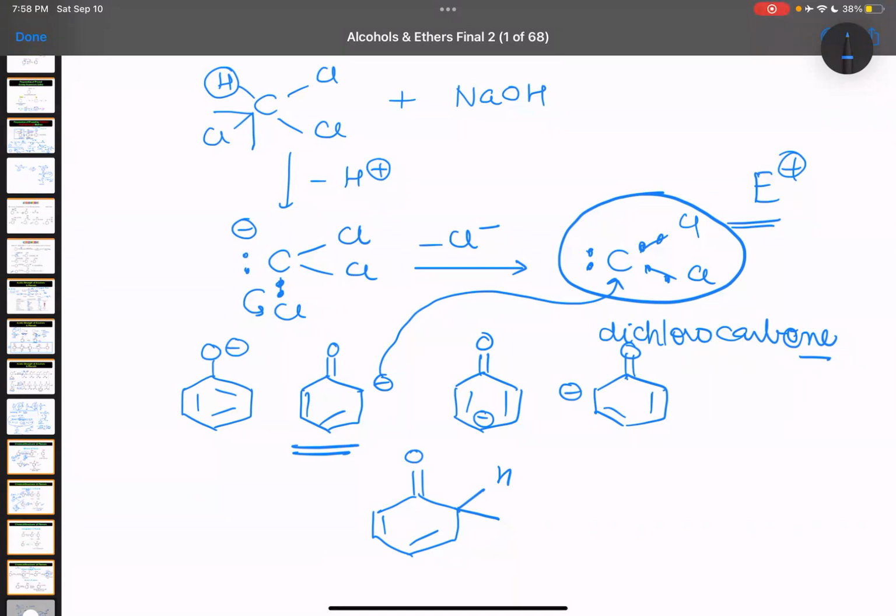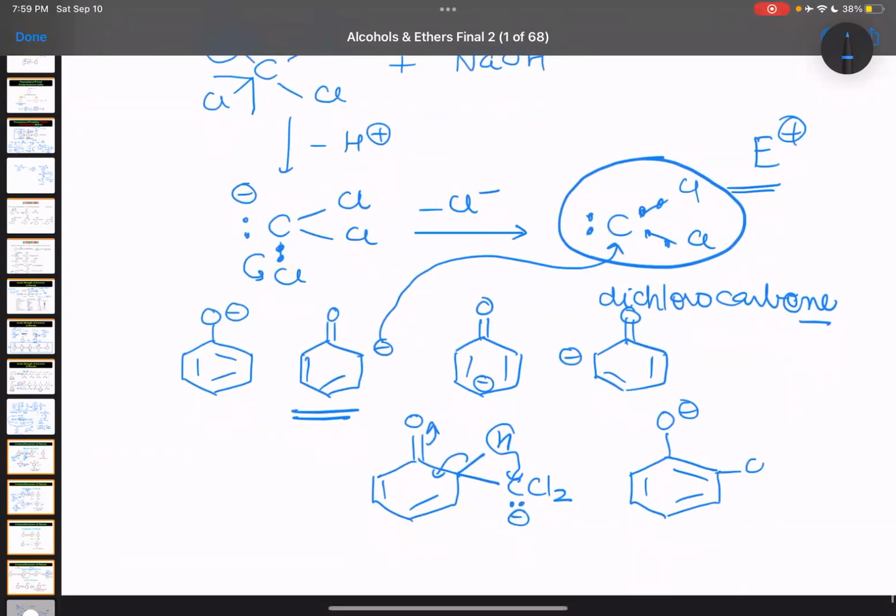And this CCl2 will become minus, and this will accept the H. Because with benzene, whatever reaction you are doing, you need to get back your benzene ring, because that is very stable. If I put something on the benzene, I immediately remove H plus from that position, so that the electrons get back into the ring and give you complete benzene. So this will become CHCl2.